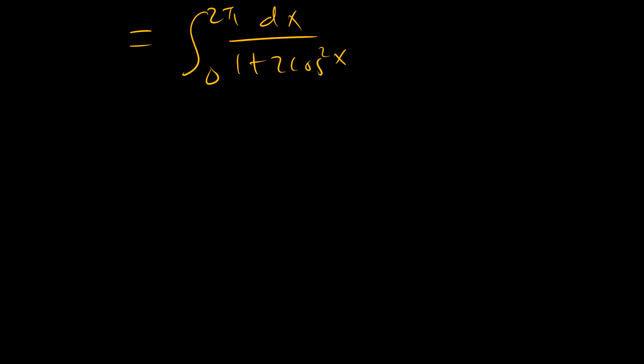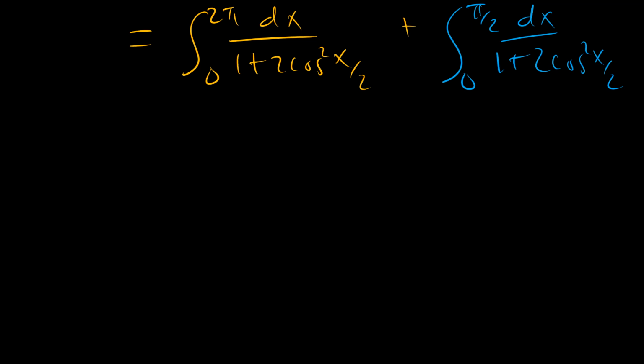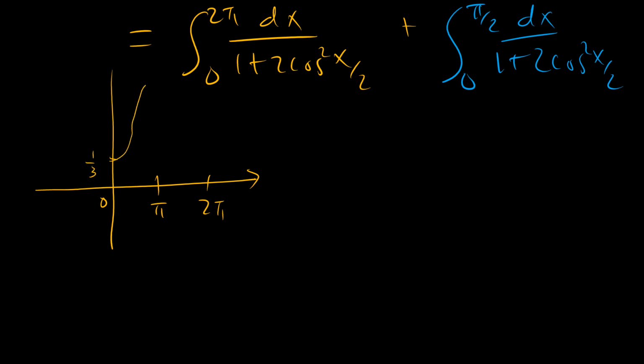So our integral becomes the integral from 0 to 2 pi of dx over 1 plus 2 cosine squared x over 2, plus the blue integral, which is 0 to pi over 2 of dx over 1 plus 2 cosine squared x over 2. We saw that from the plot we had, from x equals 0 to pi, 1 over 2 plus cosine x started from a third, and you go up to the maximum, and then down to a minimum there.